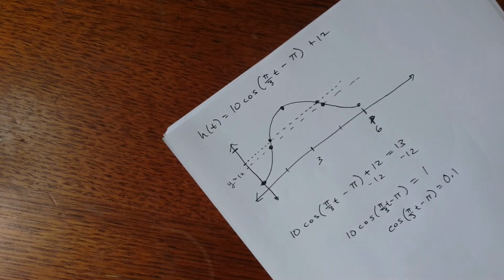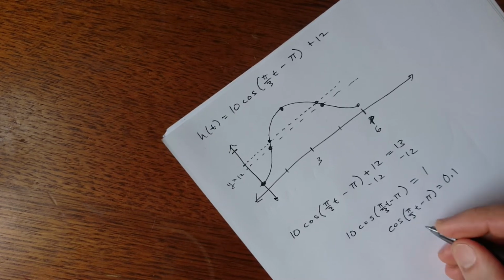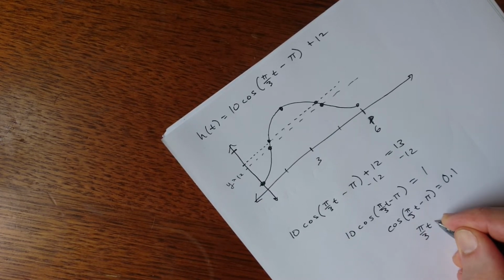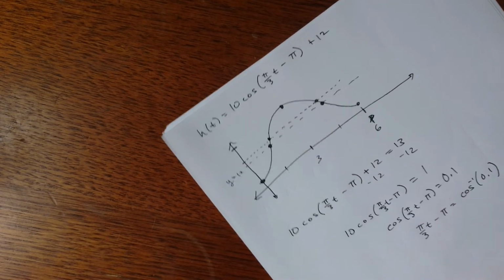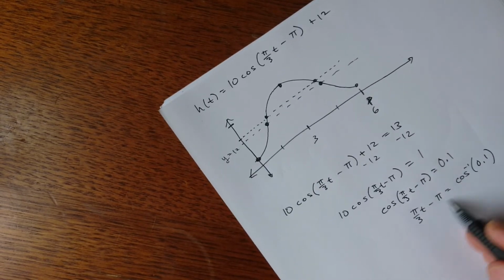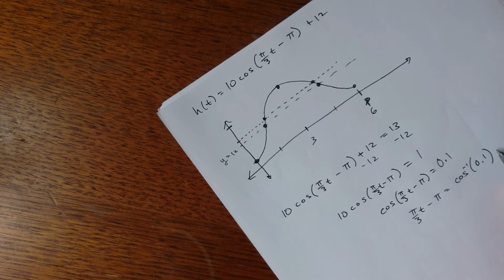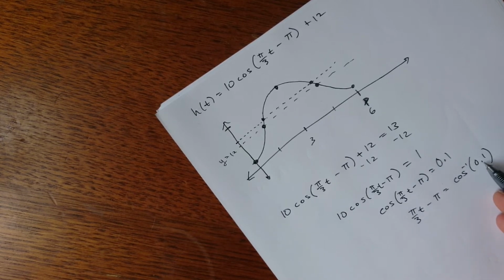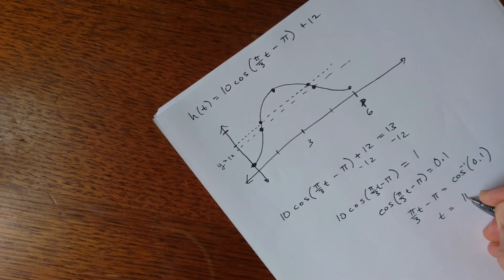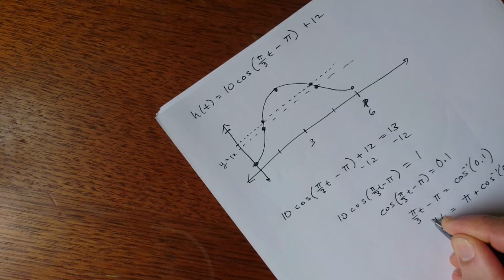And now we can take our inverse cosine. So we'll get pi over 3 t minus pi equals inverse cosine of 0.1. And I'm going to calculate this in a moment. This is just some number that my calculator can handle. This isn't some known value as far as I can tell. So this will be a calculator issue. I'll add pi. I get t equals pi plus cosine inverse of 0.1.